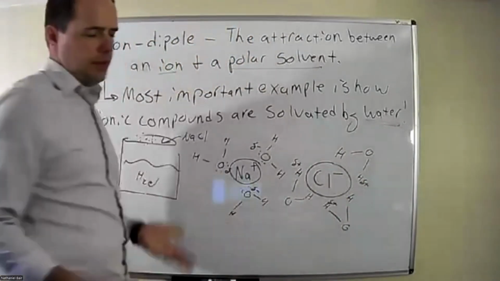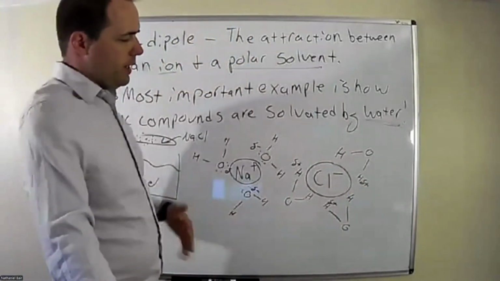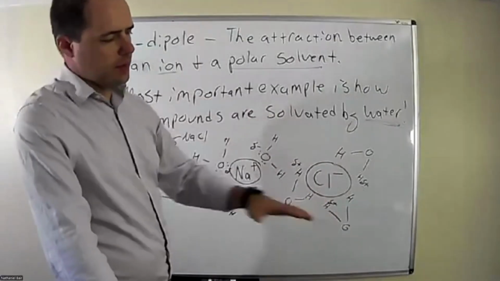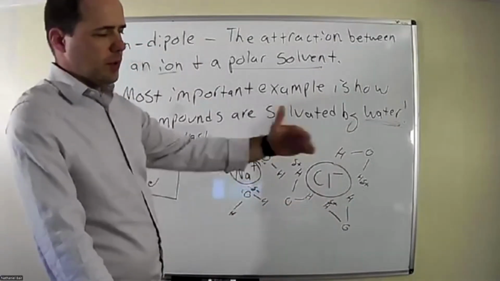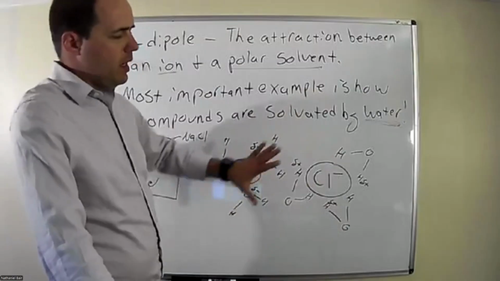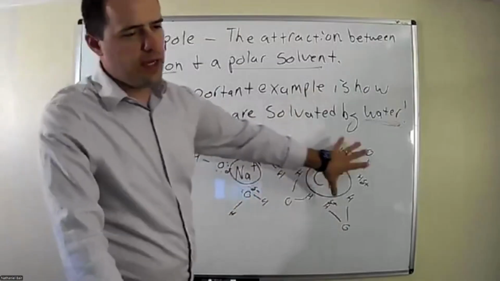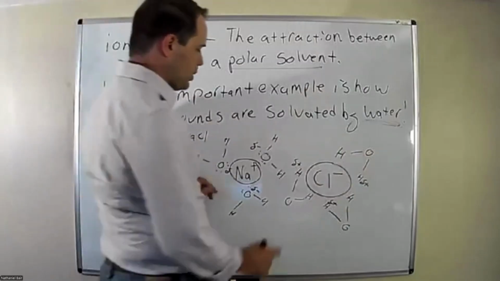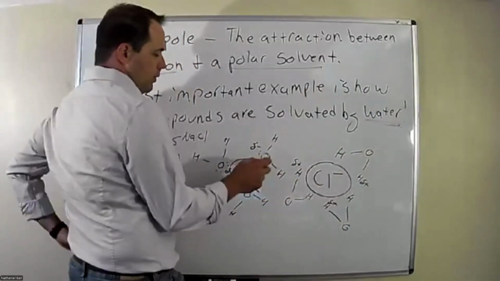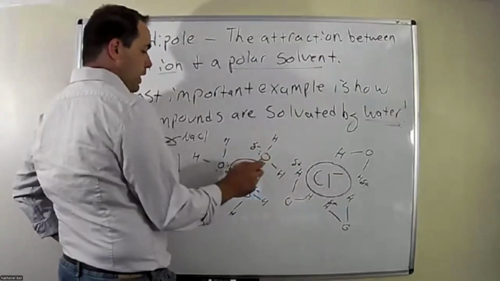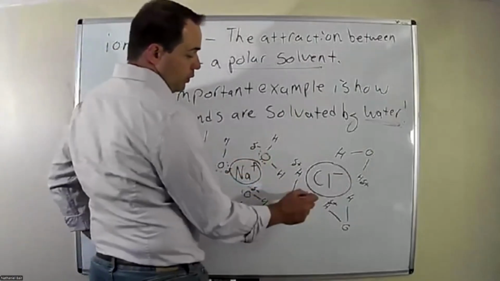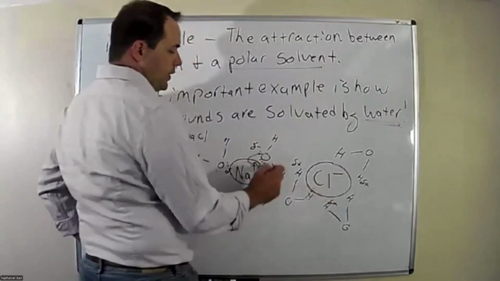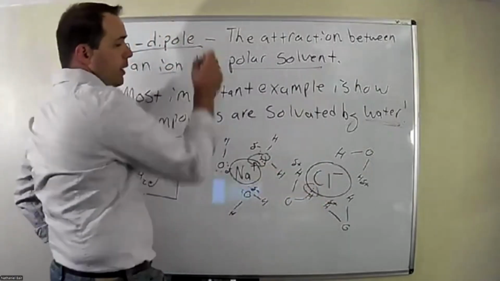So polar molecules are able to solvate ionic compounds because a polar molecule has both a partially negative end and a partially positive end, and it can surround the cation one way and the anion another way, and that's how we do that. This interaction between a polar covalent molecule and an ion, these interactions are called ion dipole.